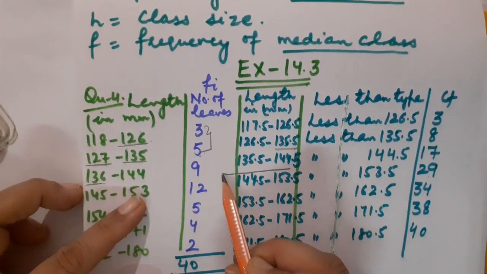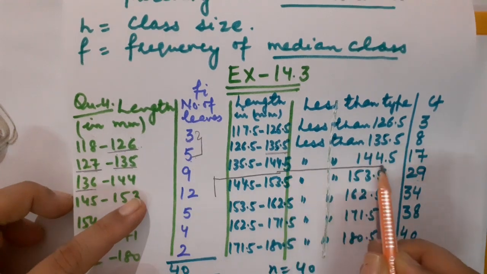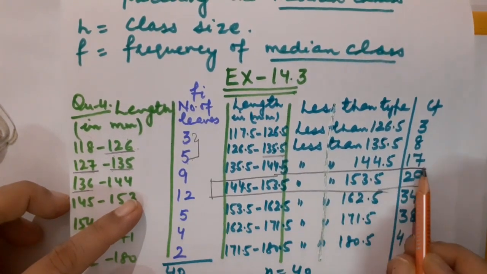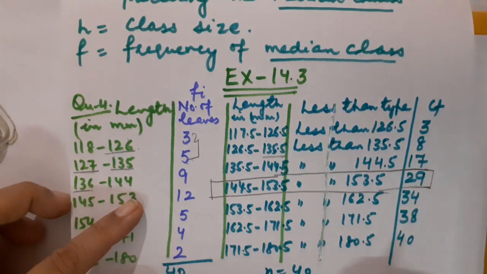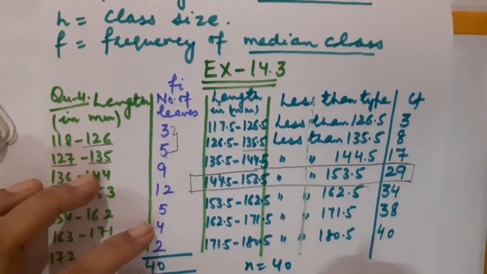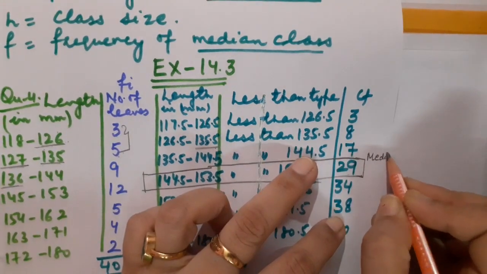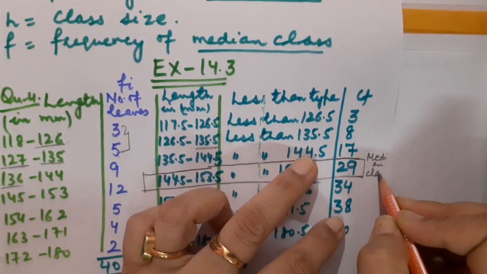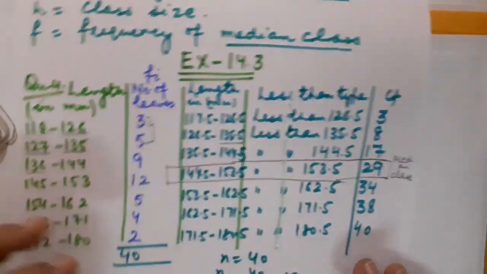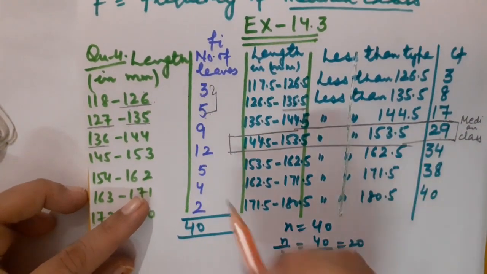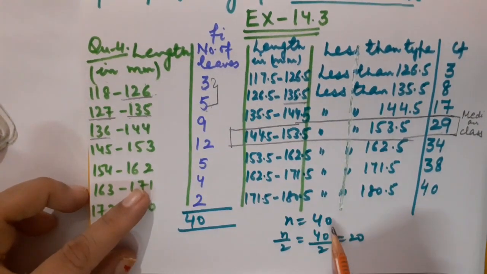So what do you do? You are supposed to make a big box, as I told you to make a box when you were going to choose the modal class. So this is the median class. Got it? So how to choose the median class? Let us recall. First of all, you are going to count the number of observations.